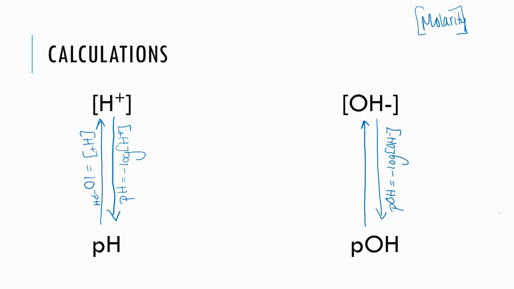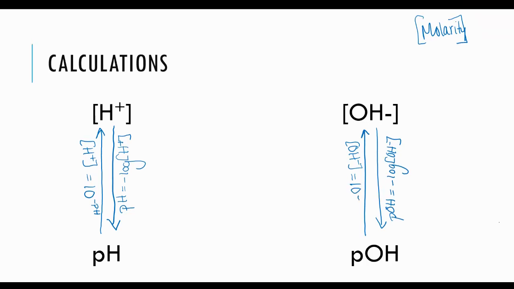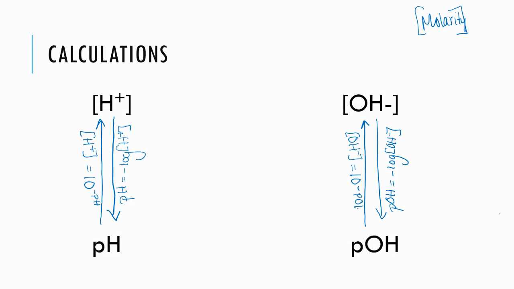So now I have the OH minus concentration, the molarity, equaling 10 to the negative pOH. Okay, so this is essentially divided, with acids dealing with the H plus and pH, bases dealing with pOH and OH minus concentration.